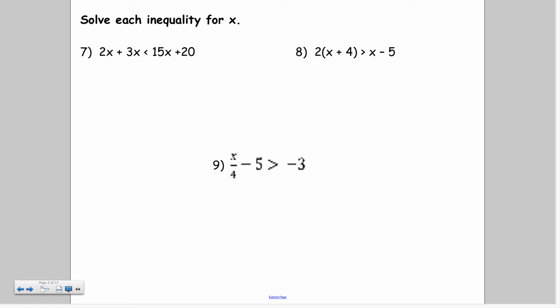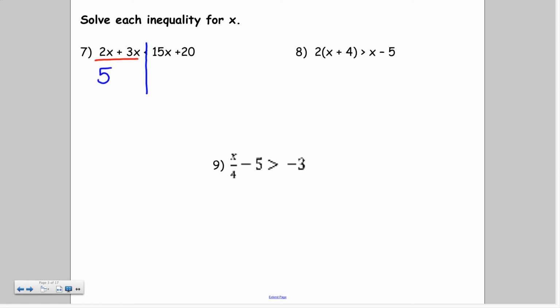We're still solving, but these are inequalities. So remember, everything's going to be the same, but we need to flip our sign if we are dividing or multiplying by a negative. My first step, I need to combine like terms because I've got something going on this side.